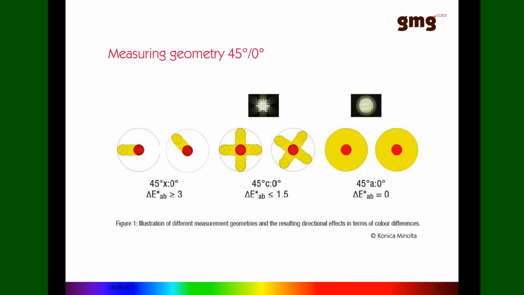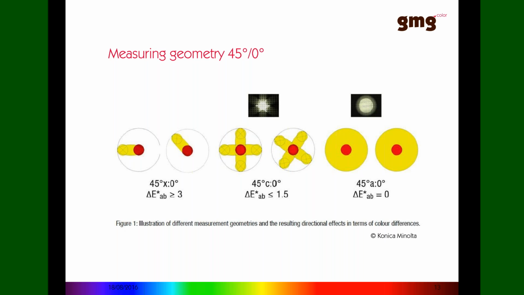Below you see three different possibilities for how measuring devices could be built using a 45-0 degree geometry. On the left-hand side, you have just one light source that's hitting the patch that you want to measure from one side, very directional, and then you have your sensor that's measuring.